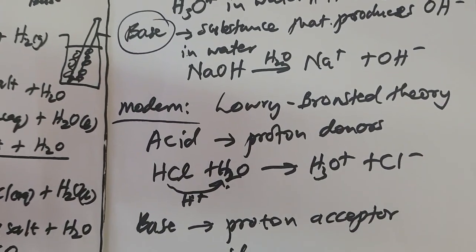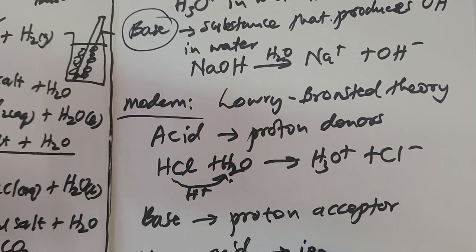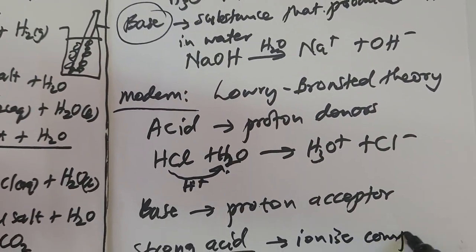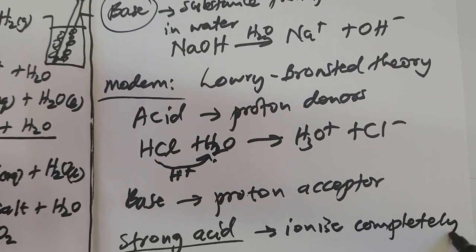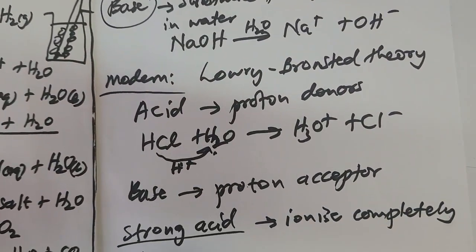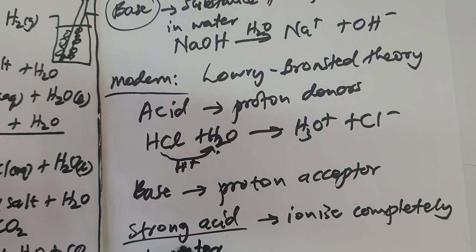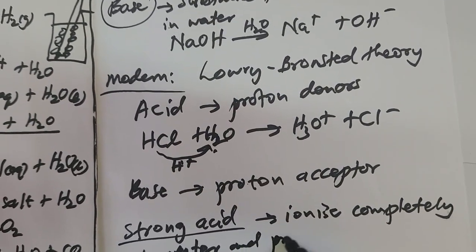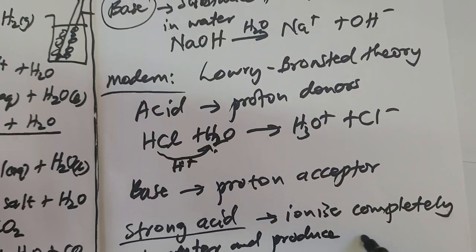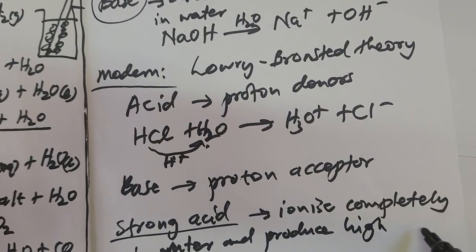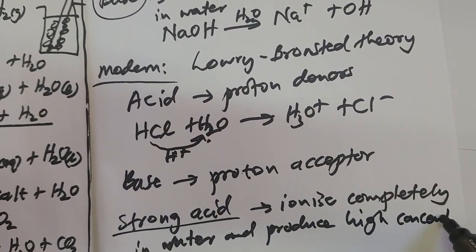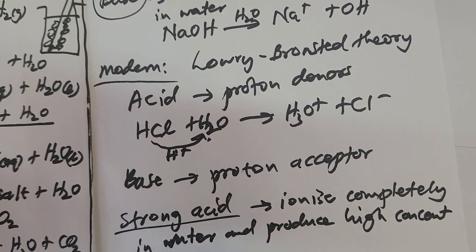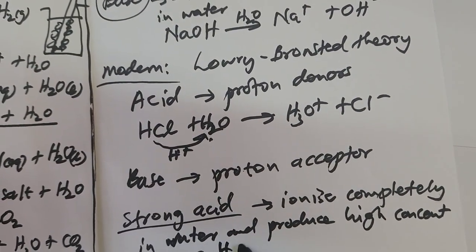What is a strong acid? We say this one is the acid that ionizes completely in water, and now of late we need to put the second phase: it produces or forms a high concentration of hydronium ions.